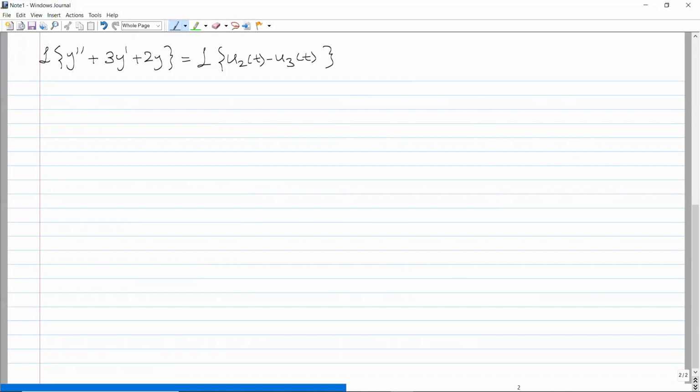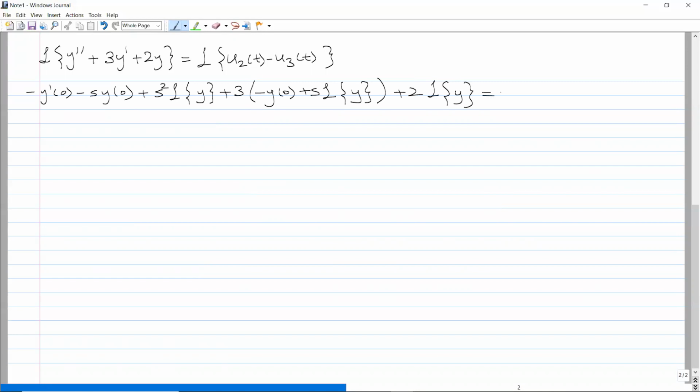The Laplace transform of the second derivative is equal to minus y'(0) minus s times y(0) plus s squared times the Laplace transform of y, plus 3 times the Laplace transform of y' which is minus y(0) plus s times the Laplace transform of y, and 2 times the Laplace transform of y, and on the other side, the Laplace transform of u2 minus the Laplace transform of u3.